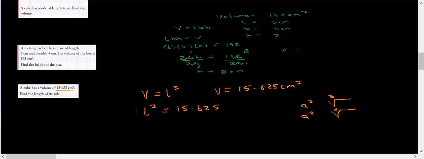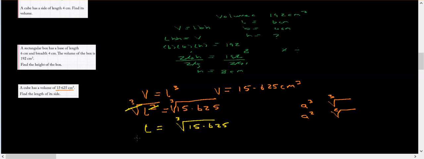So in order to get rid of this cube here, I need to get the third root of this, and I also need to get the third root of this. So this and this will cancel out, so the length is going to be equal to the third root of 15.625.